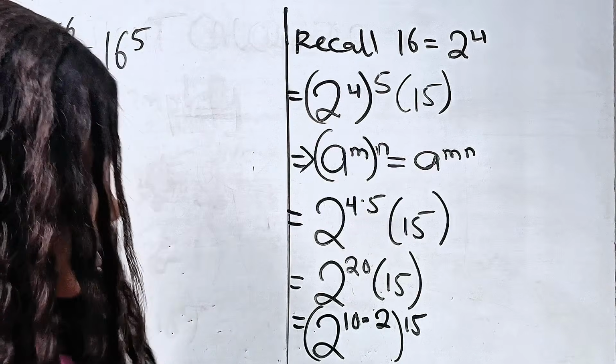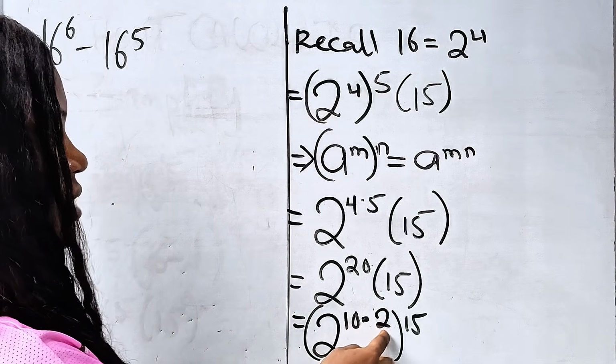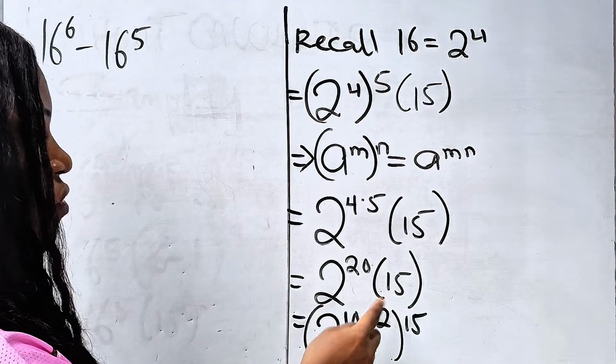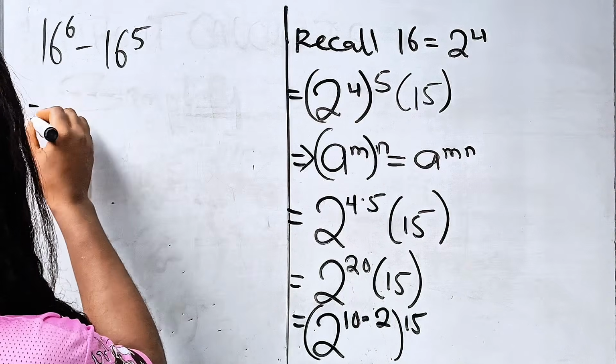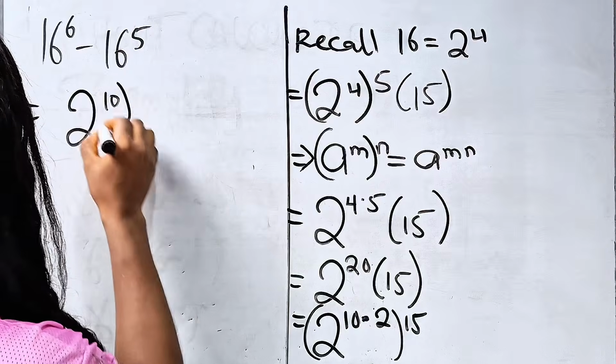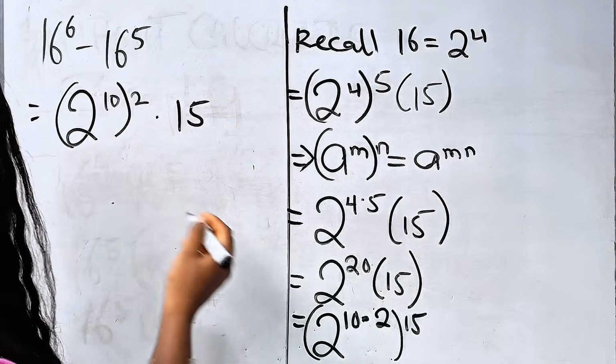Now let us continue. So we have, remember that a to the power of m times n is the same thing as a to the power of m raised to the power of n. Therefore, we can rewrite this as 2 to the power of 10 raised to the power of 2, then multiplied by 15.